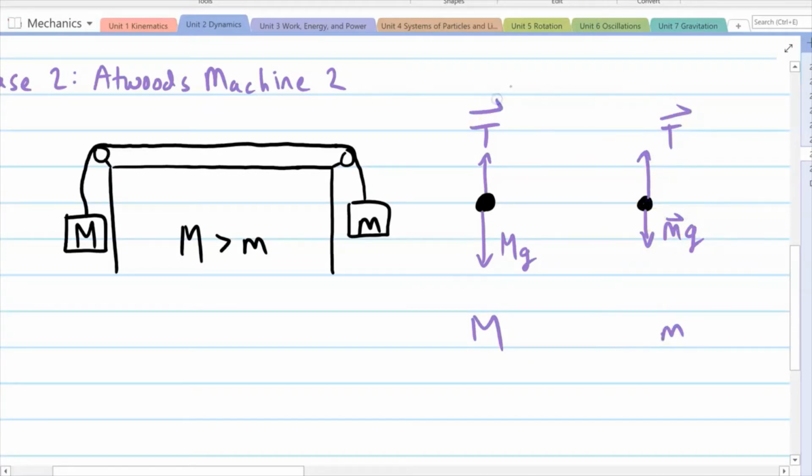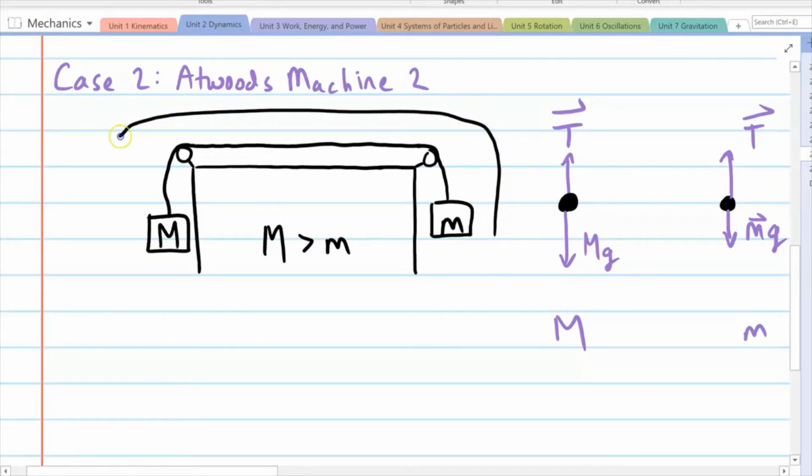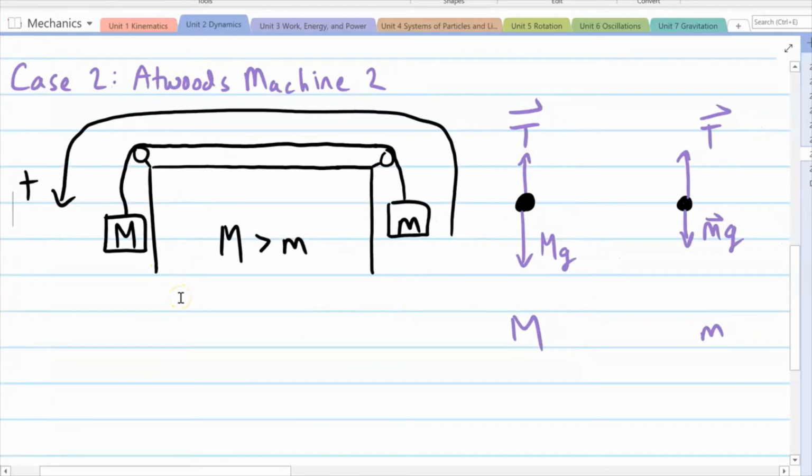And then we want to continue with our direction of motion, right? Usually I like to define my direction of motion as where the acceleration is happening, so it makes things a lot easier to think about. So since the mass on the left is bigger than the mass on the right, I'm going to define this way as the positive direction, right? So in this first section it's actually kind of up and down, and then the second one it switches. So let's look at that.